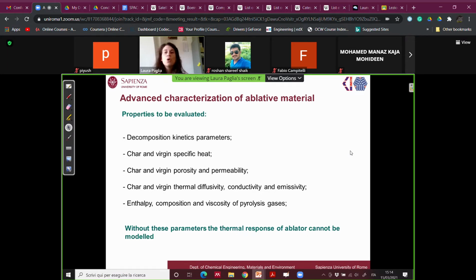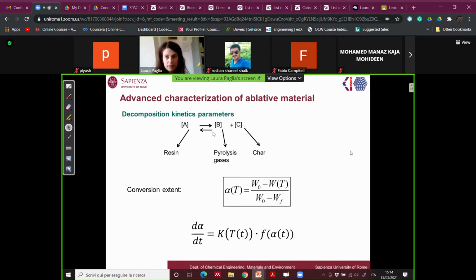Okay, so all these parameters are very important to understand the behavior of an ablative material, and they are also important to have the possibility to build a finite element model for an ablative material. But during this lesson, in particular, we will speak about the decomposition kinetics parameters.